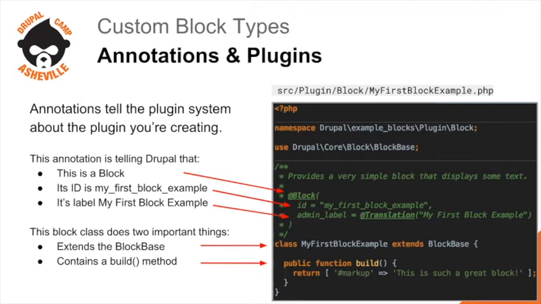So here's how you write a custom block type. What I found, and somebody correct me if I'm wrong, is that when you define a plugin in a Drupal 8 module, it does have to be in the plugin folder.